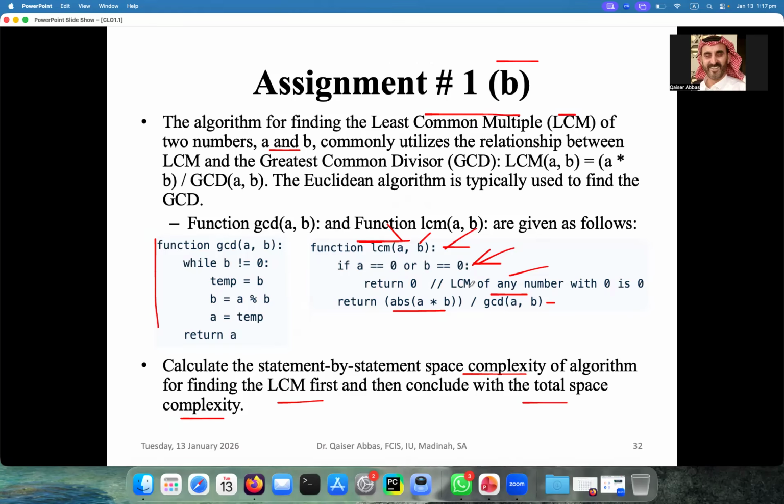So these are ignorable values, and you can write them as order of one, until you have an array initialized, a two-dimensional array initialized, or recursive calls. Here you have to think differently. These are the rules you have now learned.